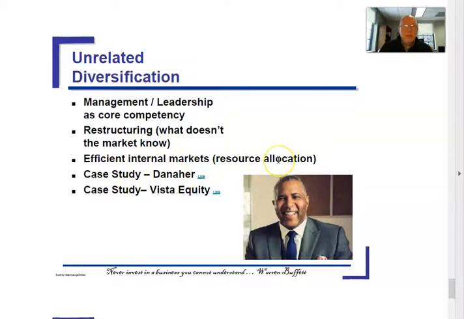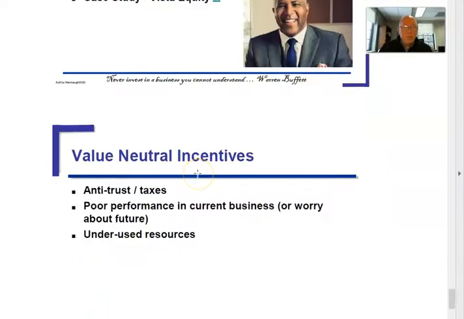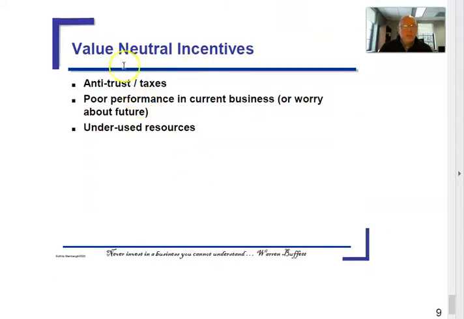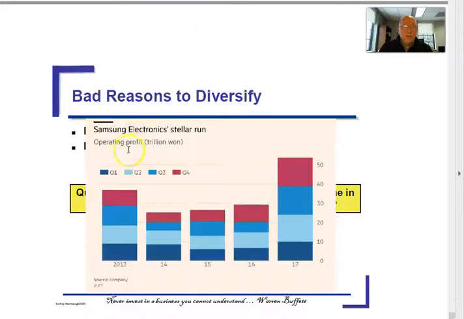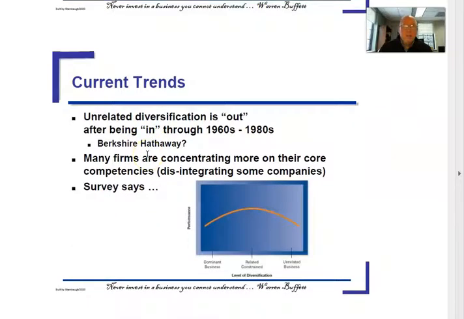There's a specific question on that. Again, nothing specifically about Danaher or Vista Equity, even though they're both very cool companies. There is one question that talks about why managers sometimes like to do the diversification, and that gets into the bad reasons to diversify that's covered up on this slide. Make sure that you're aware of that. That's it for Chapter 6.